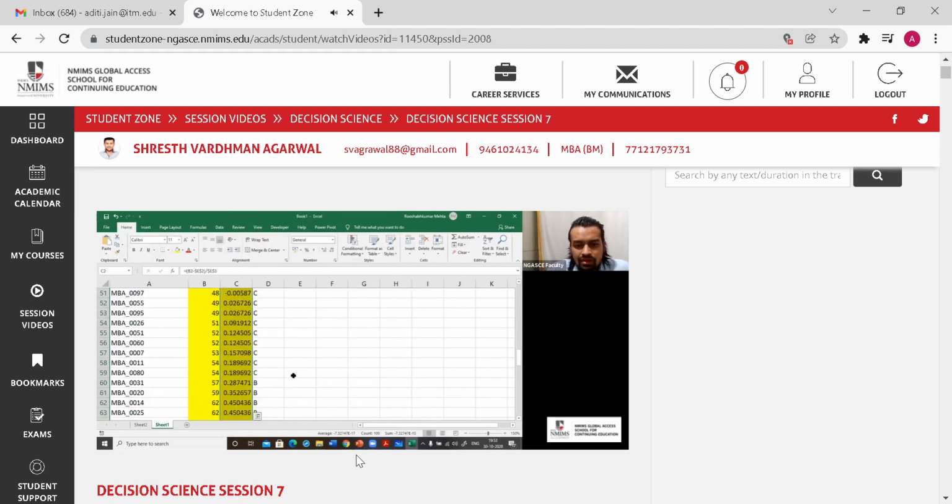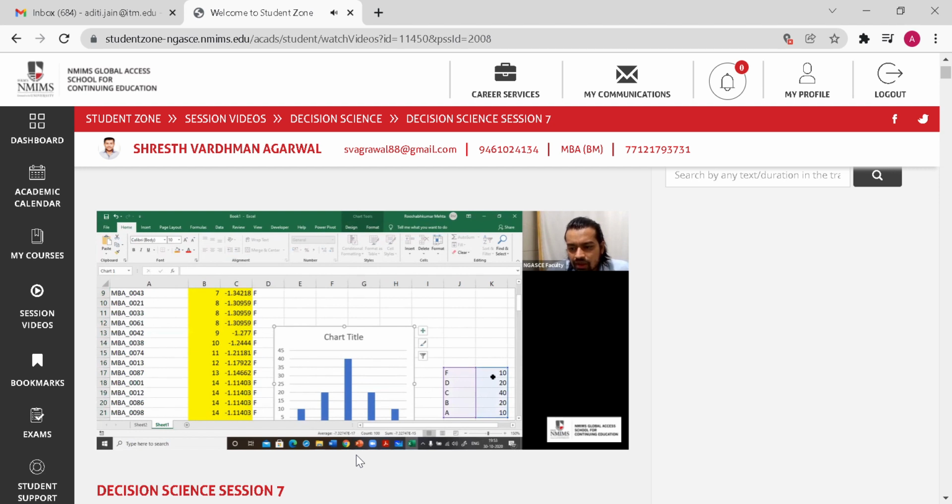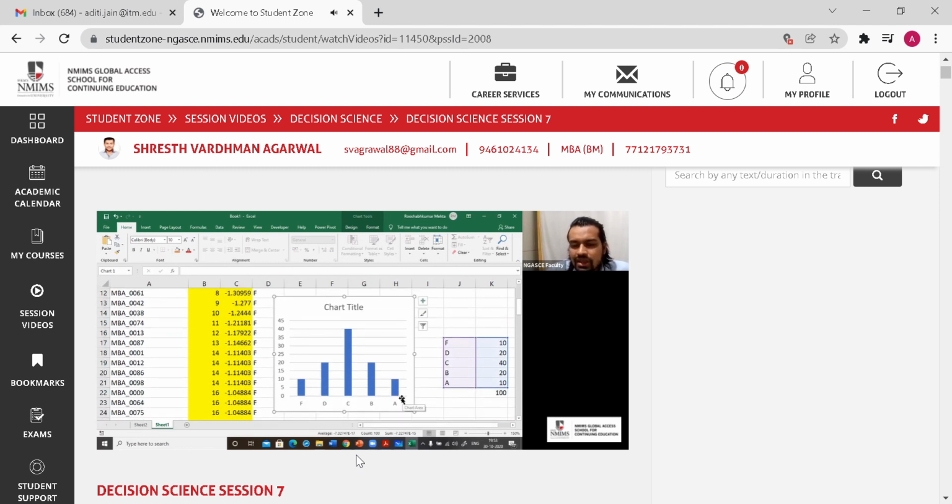But this is how normal data looks like. If the frequency distribution is like this, if, let's say, 10 people secured F grade and 20 people secured D grade, this is how a normal distribution looks.